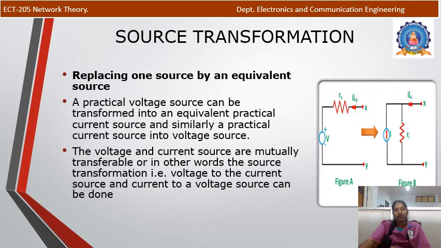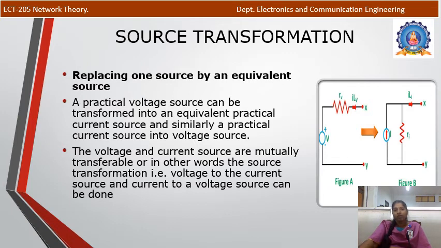So the next topic is source transformation. Source transformation means we are replacing one source with another. So far we discussed two types of sources, current source and voltage source, right? We replace one source with an equivalent source, and that is known as source transformation.